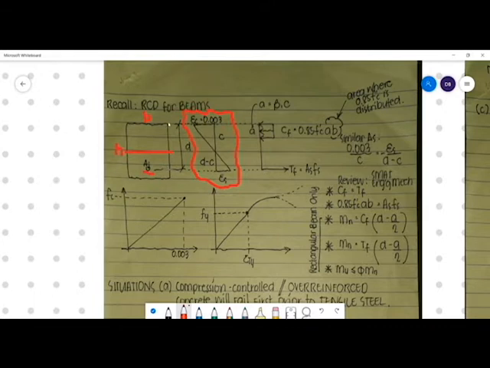And the distance from the top compression fiber up to the A sub S is D, or what we call the effective depth.